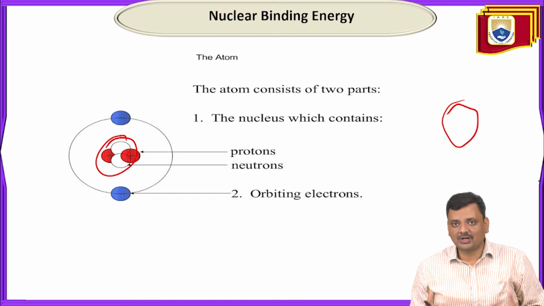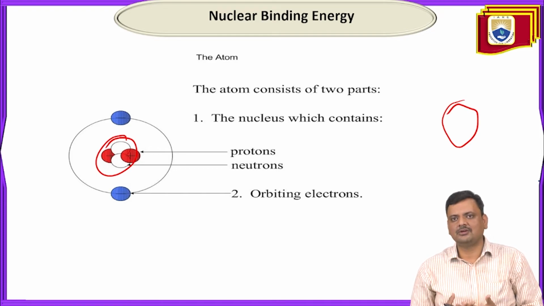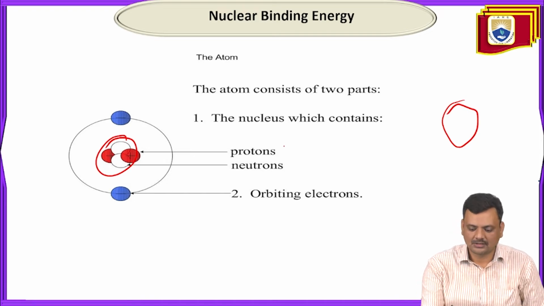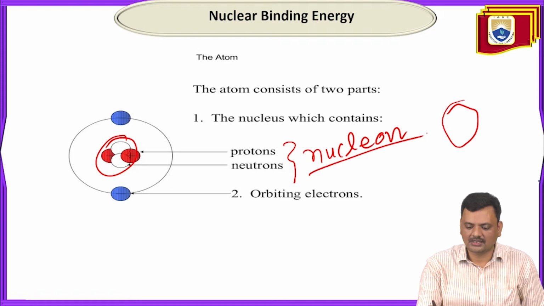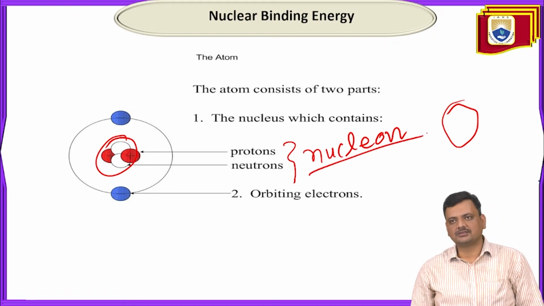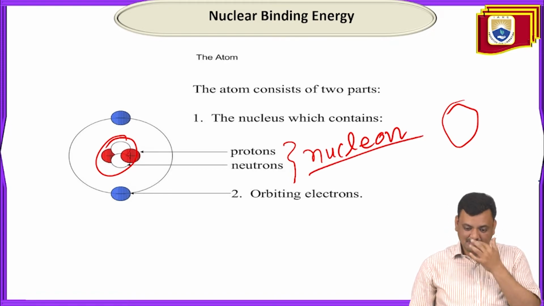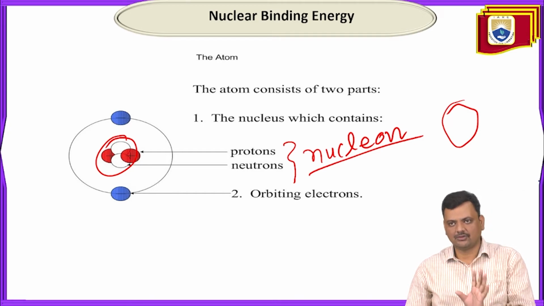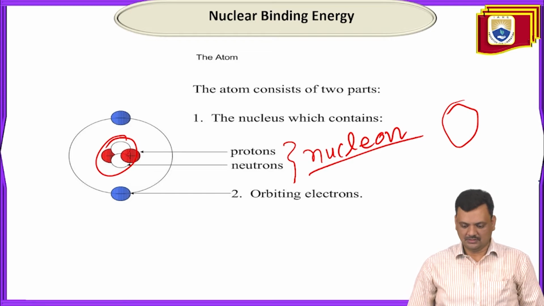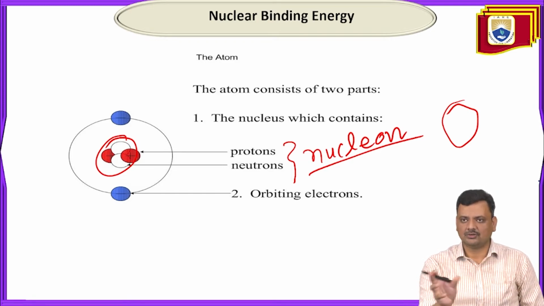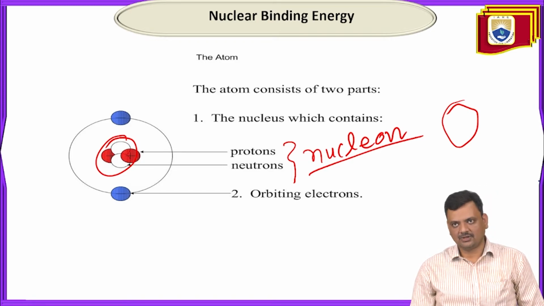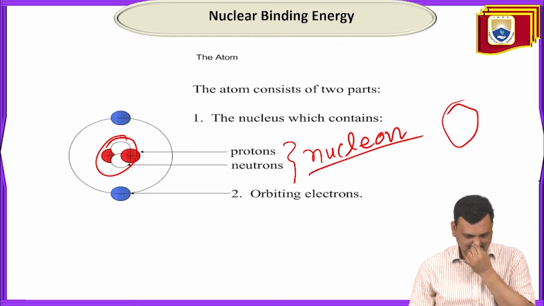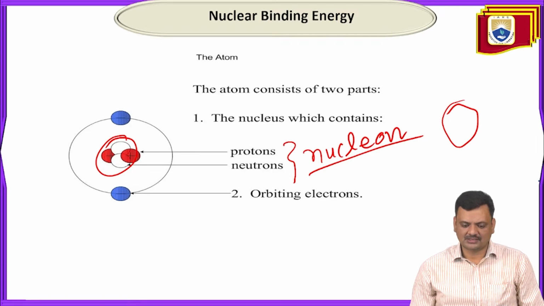When I say nucleons, I mean protons and neutrons, because they reside inside the nucleus, so collectively they are called nucleons. The energy that holds the whole nucleon together is the nuclear binding energy.